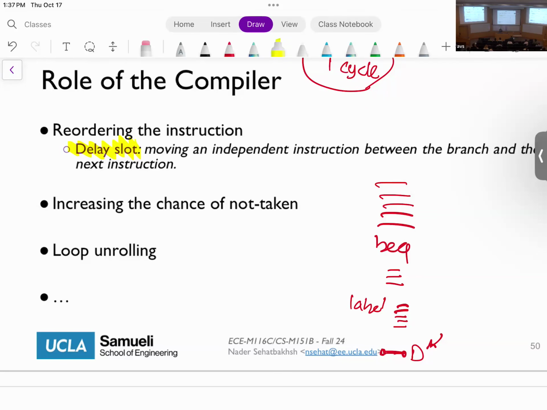So what the compiler can do is that these instructions are going to be executed no matter what, right? Whether or not your branch is taken, I can find these instructions and move them up. If these instructions are independent from the outcome of here or here, I can move this to the next instruction after the branch.